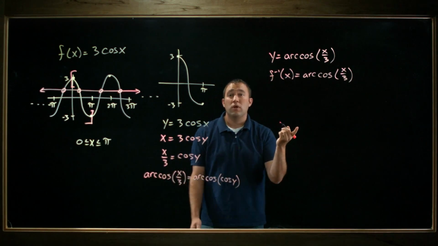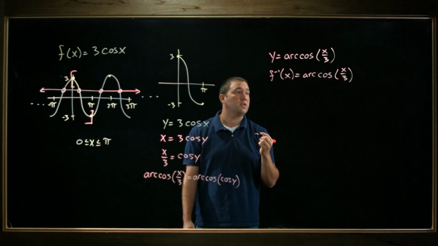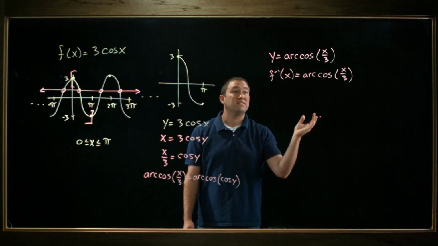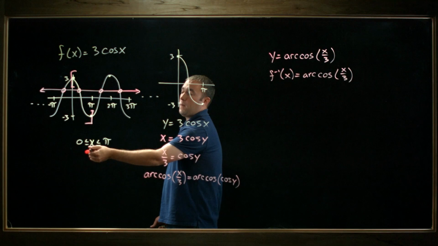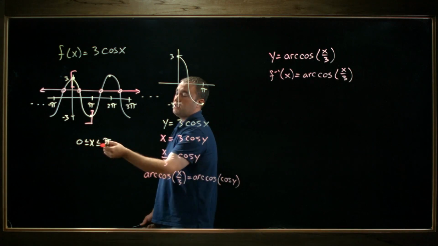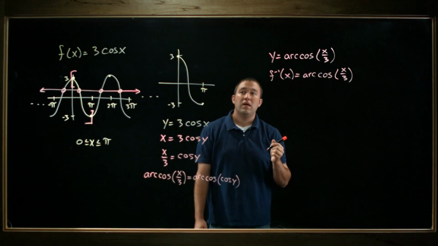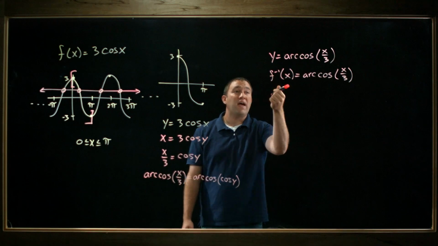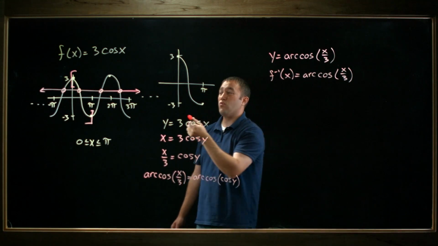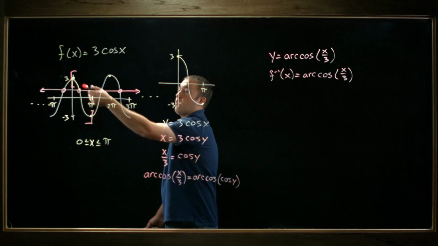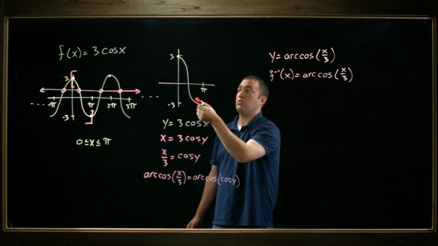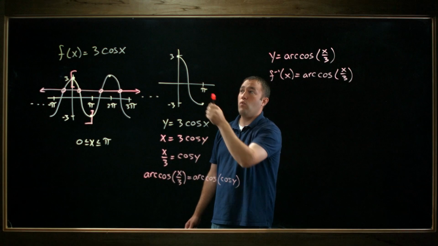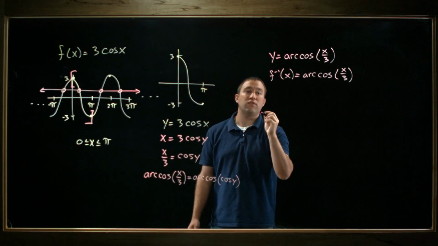Now the last thing I might want to look at is what's the domain of this function? For what values of x is this well defined? And this goes into where I chose my values of x between 0 and pi here. The domain of f inverse of x is the range of my original function. So let's look at the range of my original function, the range of f. F went between 3 and negative 3.